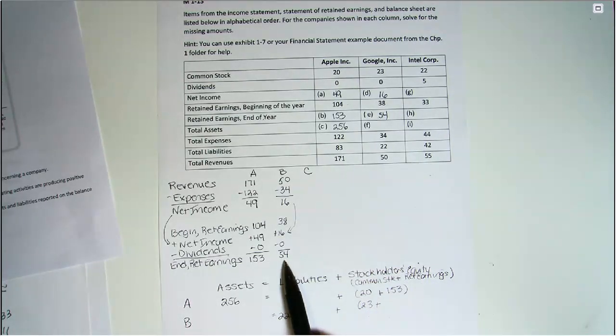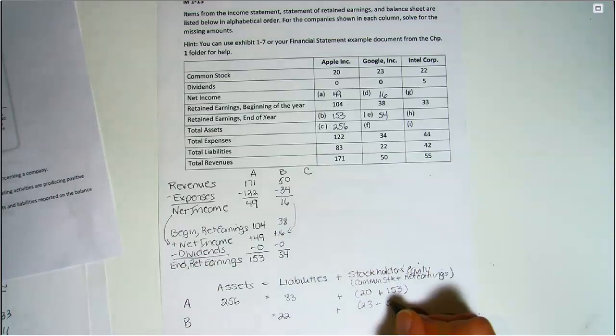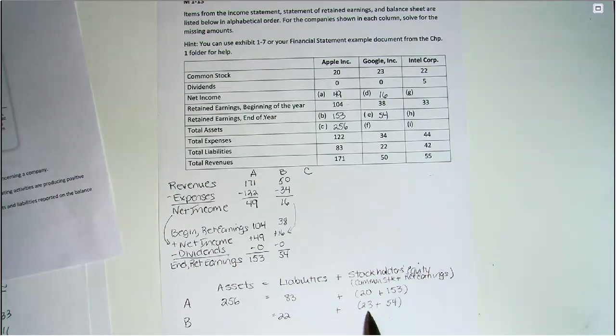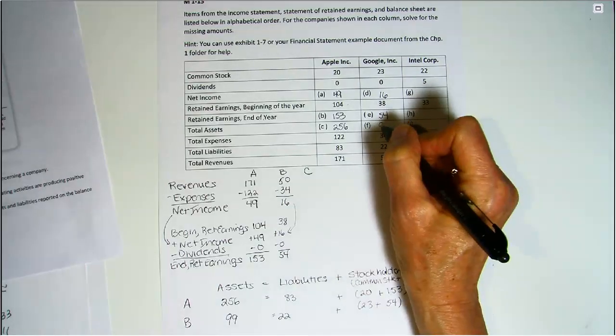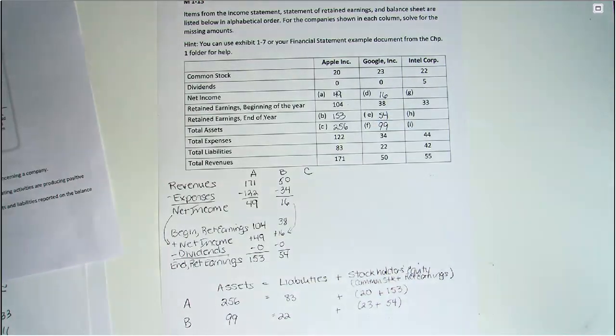The ending balance of retained earnings is 54. So stockholders' equity in total is 77. 77 plus 22 equals 99 in assets. And our last one, Intel Corporation. Our revenues are 55.